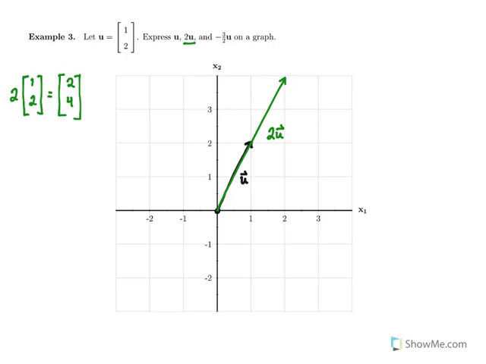We could also multiply by some negative number, negative 3/2 u. That would give us negative 3/2 times 1, 2, which is negative 3/2 times negative, or over negative 3.